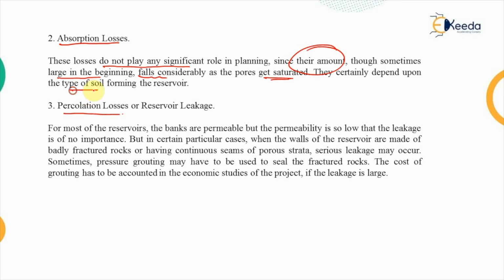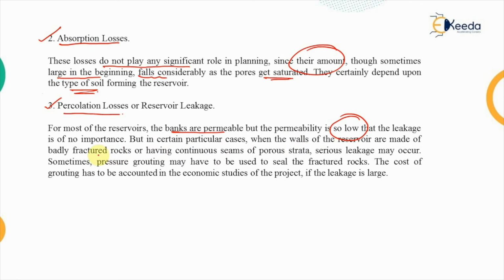Therefore, it depends upon the type of soil which is forming the reservoir or which is present in the surroundings of the reservoir. Now, for most of the reservoirs, the banks are permeable, but the permeability is so low that the leakage is of no importance. And that is why both of these losses, that is the absorption and the percolation losses, are of very lesser importance, or usually are not considered when we are doing the losses calculation.